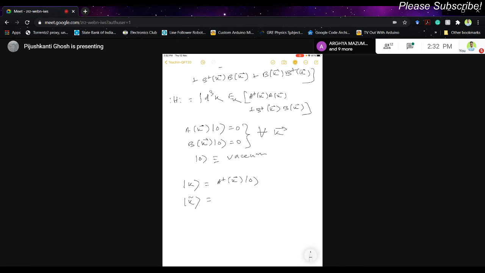The particle we denote by k and the antiparticle by k tilde. What should I write on the right hand side of the equation? B dagger k acting on |0>. So this is the particle, and this is the antiparticle.